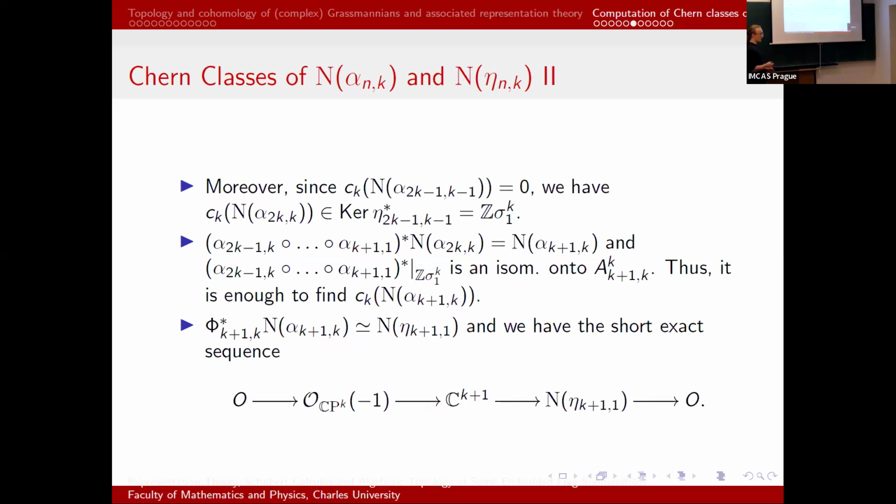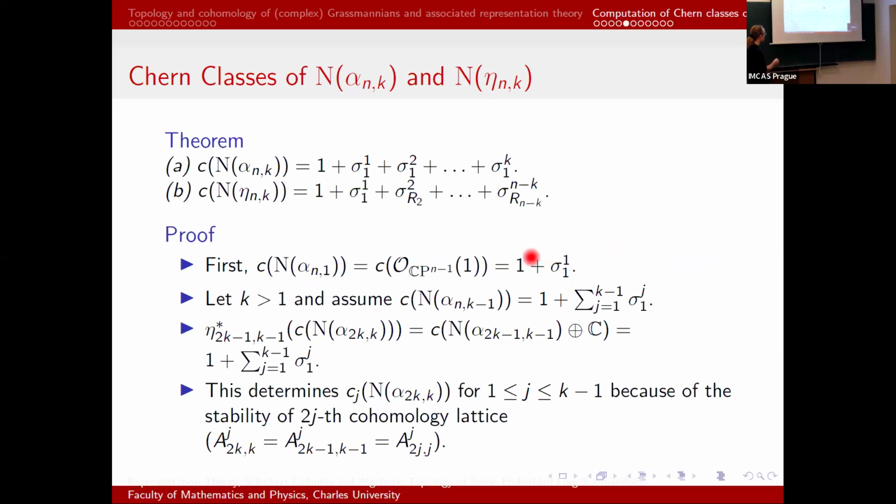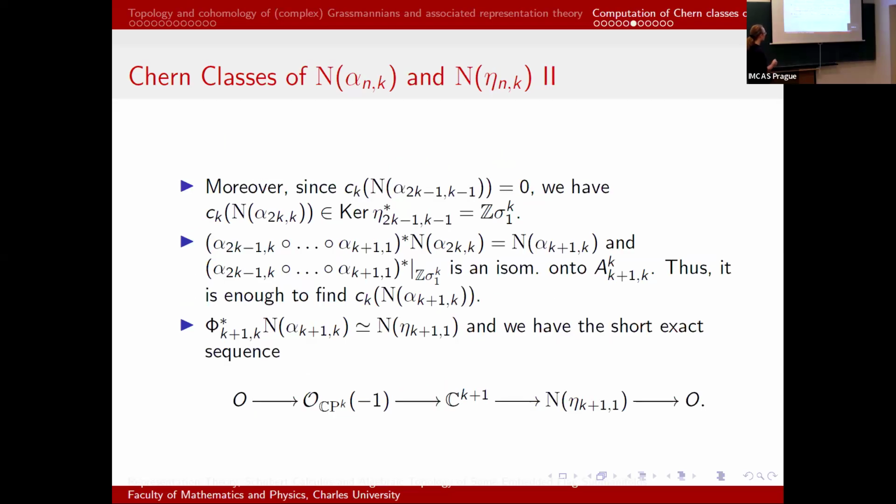to compute the highest, k-th Chern class of n alpha_{2k,k}, we observe that this bundle has complex rank k minus 1, so its k-th Chern class must be 0, which means that the k-th Chern class of n alpha_{2k,k} must lie in the kernel of the horizontal inclusion eta_{2k-1,k-1}.